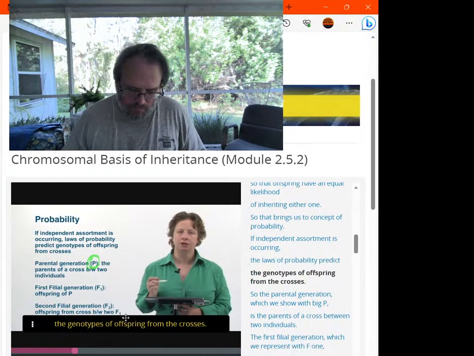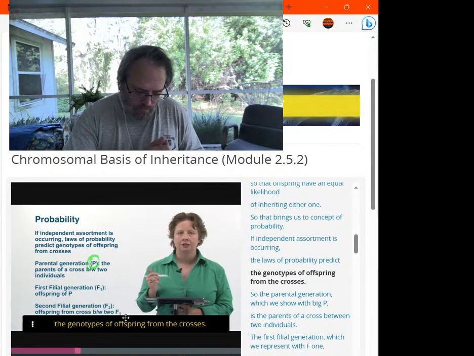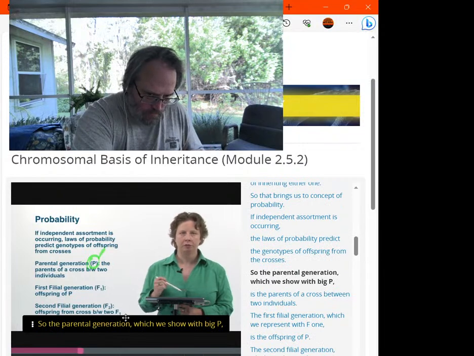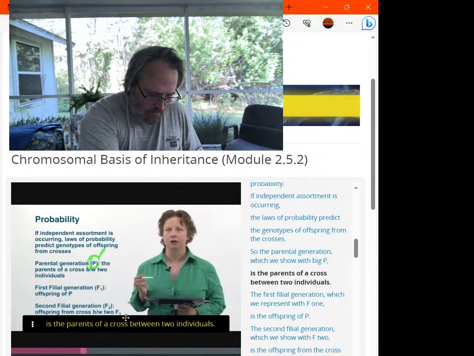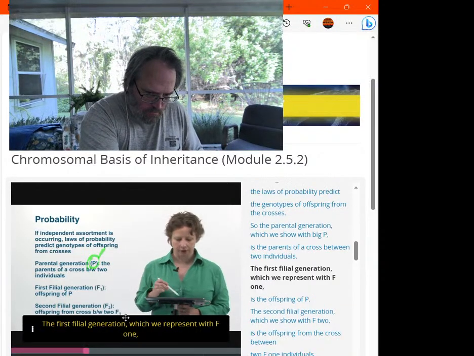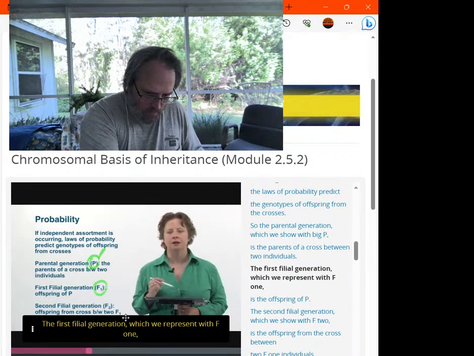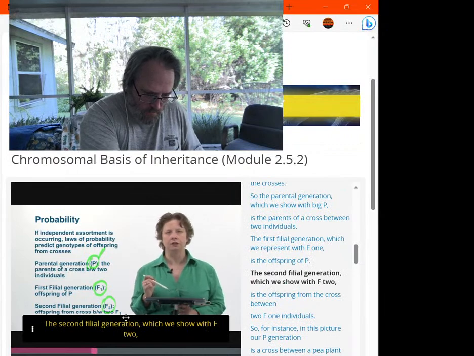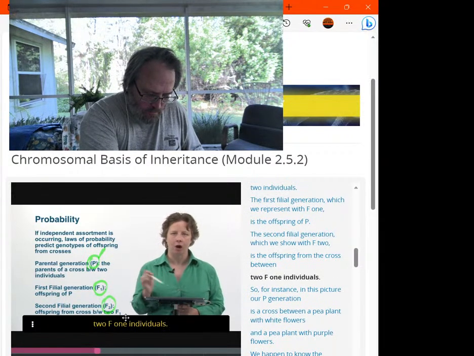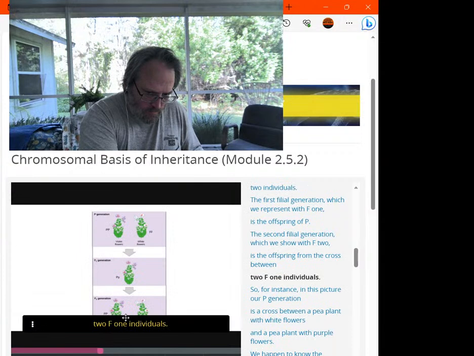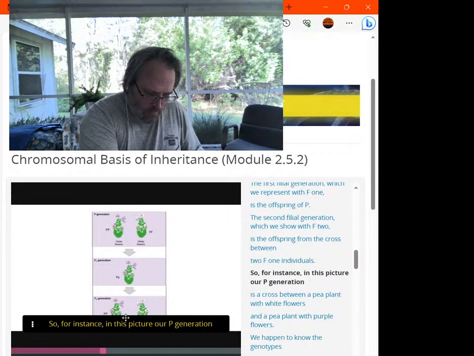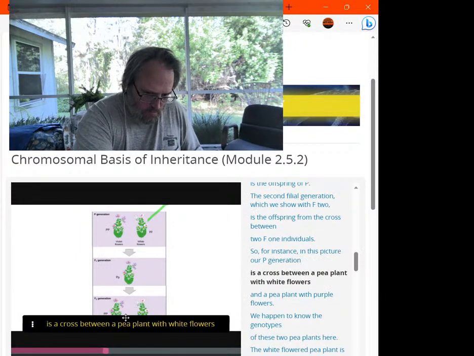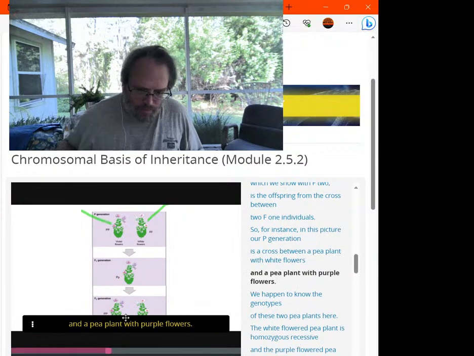The probability predicts the genotypes of offspring from the crosses. So the parental generation, which we show with big P, is the parents of a cross between two individuals. The first filial generation, which we represent with F1, is the offspring of P. The second filial generation, which we show with F2, is the offspring from the cross between two F1 individuals. So, for instance, in this picture, our P generation is a cross between a pea plant with white flowers and a pea plant with purple flowers.